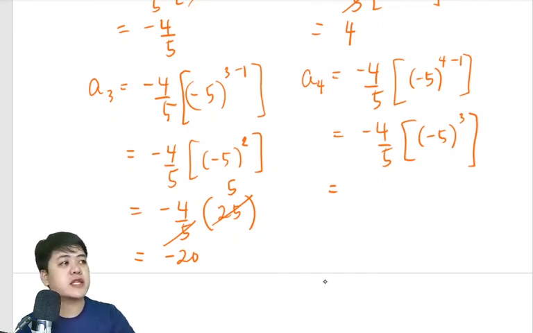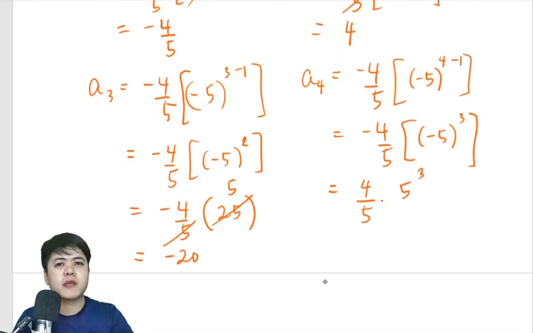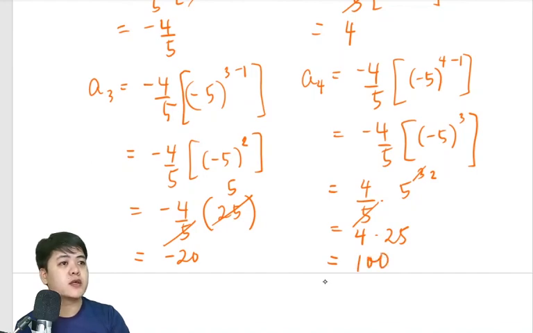So, positive yung sagot natin. Para hindi tayo mahirapan, we have 4 over 5 times 5 cubed. Tama? So, cancel natin isang 5 dito. Ito, maging 2 na lang. So, we're left with 4 times 5 squared, which is 25. And 4 times 25, that is 100. Thus, the first 4 terms are negative 4 over 5, positive 4, negative 20, and positive 100.